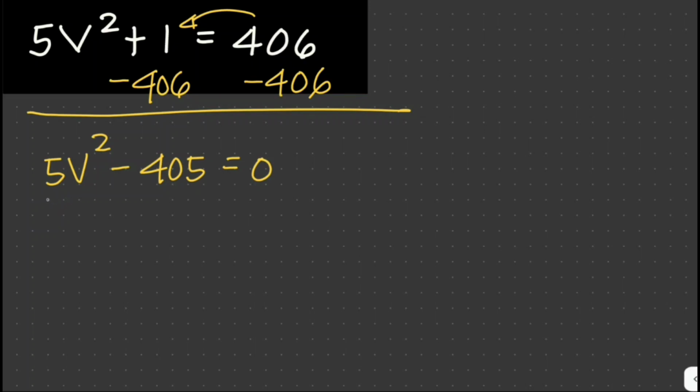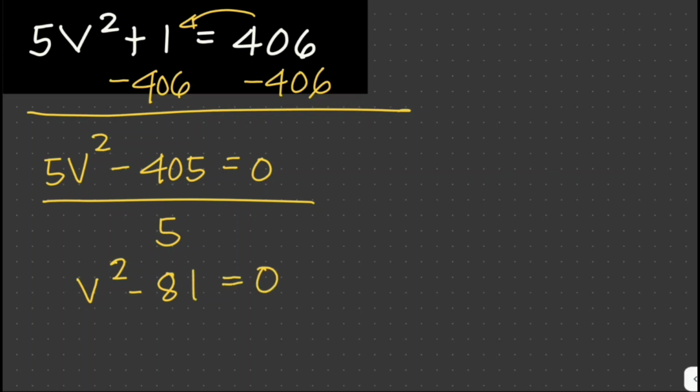And we can divide both sides by 5 because 405 is divisible by 5. So this would become v squared minus 81 equals 0.